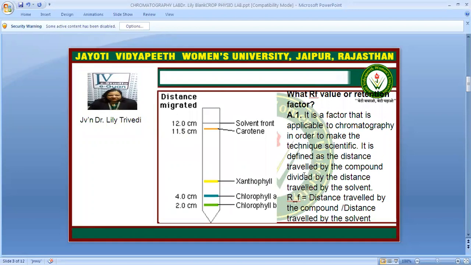So it is a factor that is applicable to chromatography in order to make the technique scientific. The distance traveled by the compound divided by the distance traveled by the solvent is called its Rf factor or retention factor. So here you can see the strip in which we have measured the distance of different components, pigments which are present and have traveled after the chromatography technique.